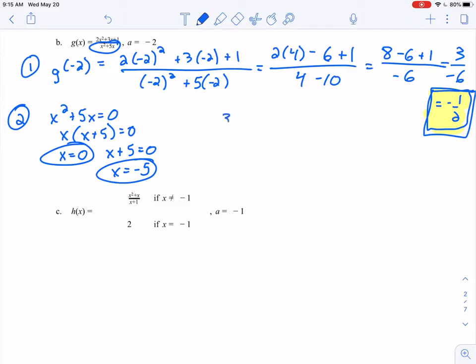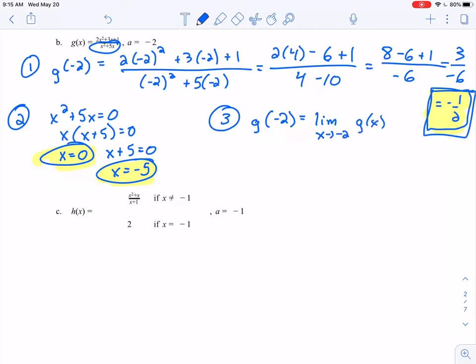In step 3 then, part 3 here, since we showed where our vertical asymptotes or holes are, again, we didn't factor the numerator, so we don't maybe know what that looks like here. Since we have shown at this point that we don't have a hole or a vertical asymptote at x equals -1/2, we can then go ahead and safely assume that g of -2 is equal to the limit as x approaches -2 of g of x.